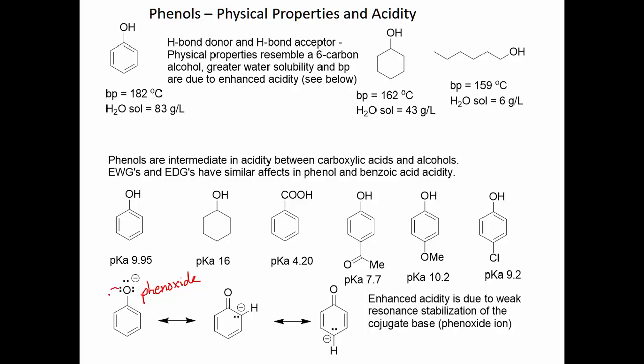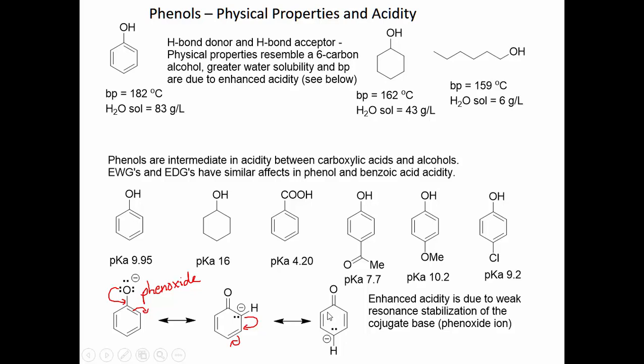We can delocalize like that, and this will now put the negative charge right here at the ortho position, and we can write another resonance structure just like we did back in the aromatic chapter that puts the negative charge down to the para position. So we delocalize the negative charge into the ortho and para positions.